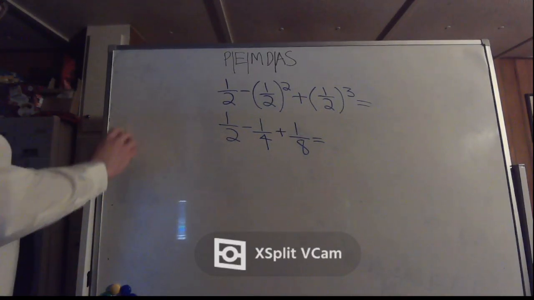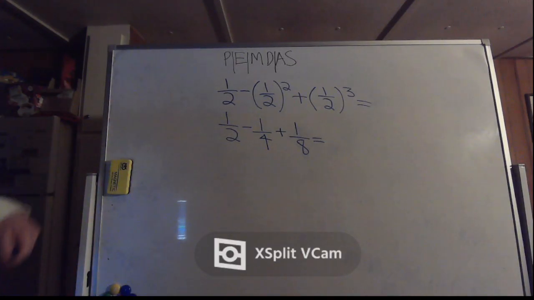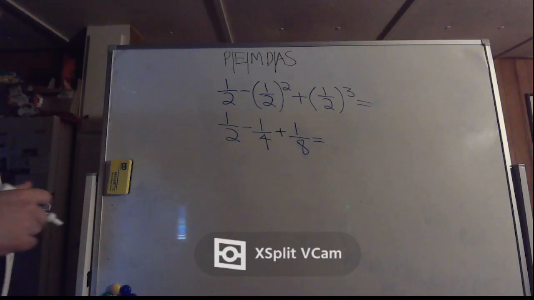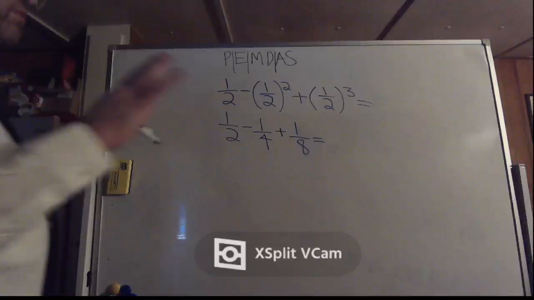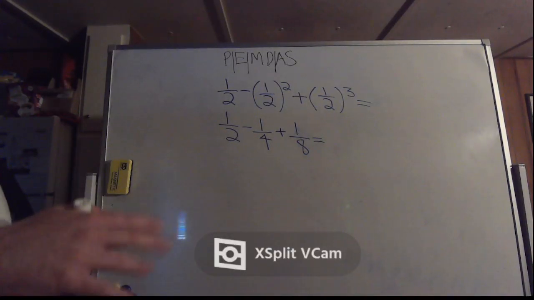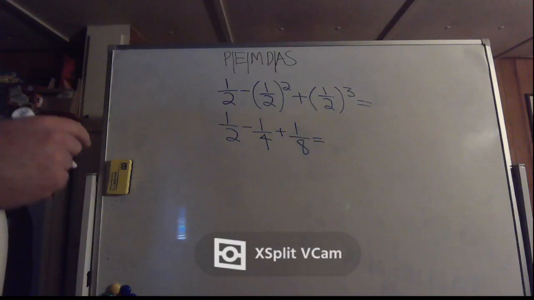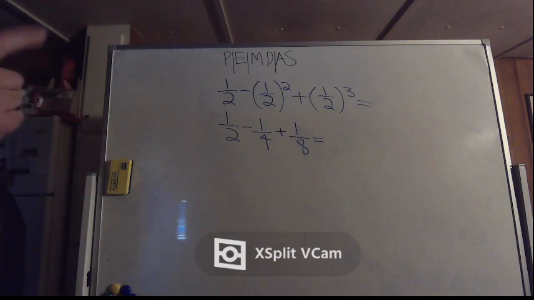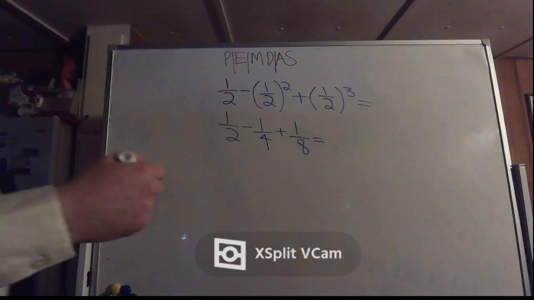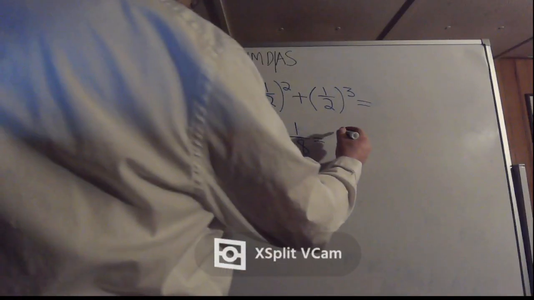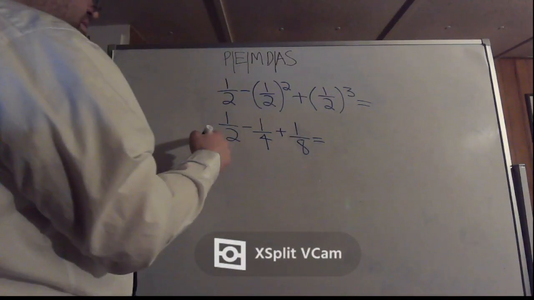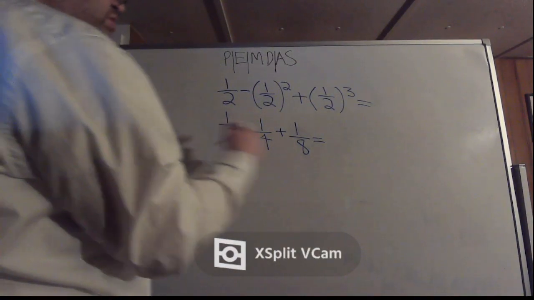So we will go ahead and start with 1/2 minus 1/4. So you have 2 and 4. 2 is a factor of 4, so 4 would be your common denominator. Well, how to get that? If you're going to turn 2 into 4, you got to multiply by 2.